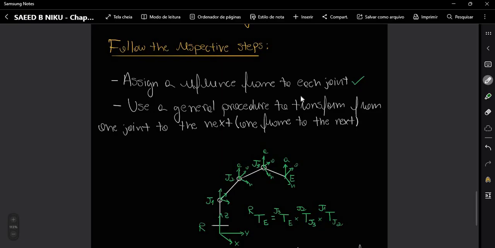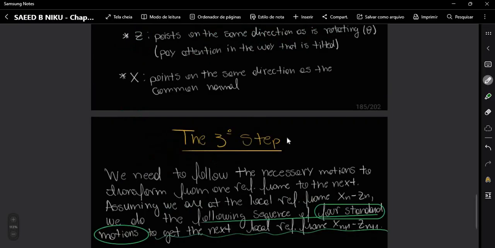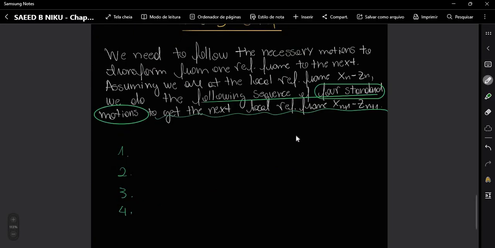First, we need to assign a reference frame to each joint, and after, we need to use a general procedure to transform from one joint to the next, one frame to the next. And this is exactly what we are trying to do right here.